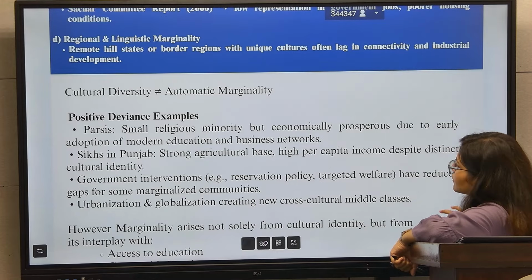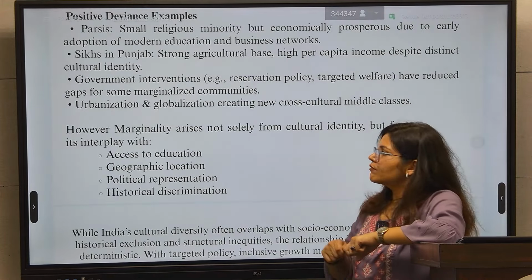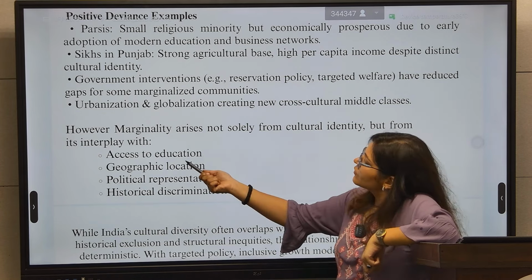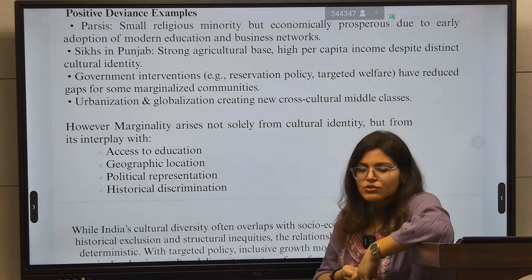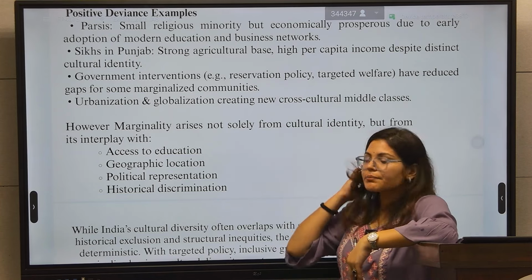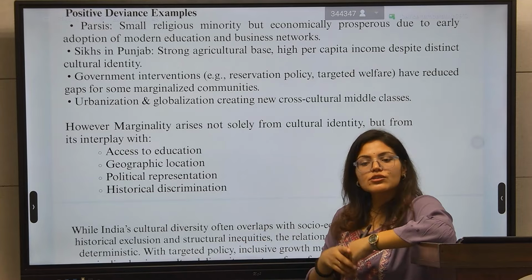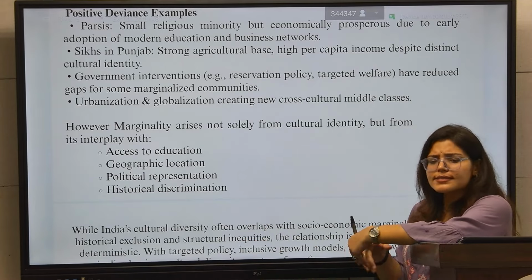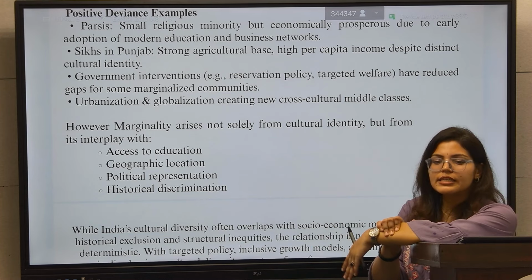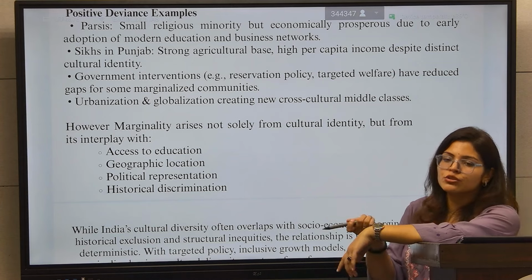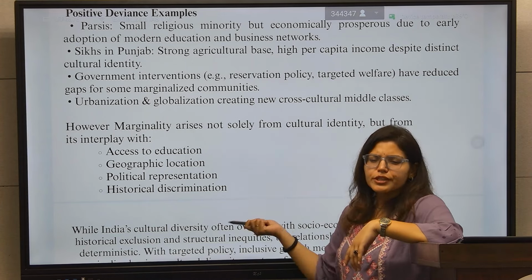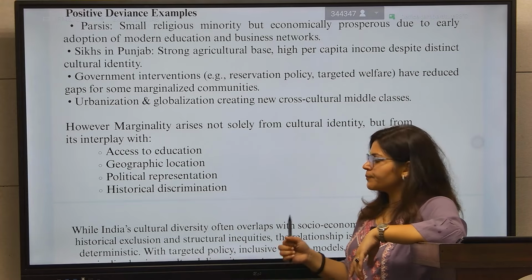After that you give other reasons why these marginalities existed: lack of access to education, geographical isolation, political representation and historical discrimination. So there exists a historical structural inequality in our society. Not only diversity has some relation with socio-economic marginalities, but there are other reasons as well. You have to give 3-4 reasons, or one-liner points.